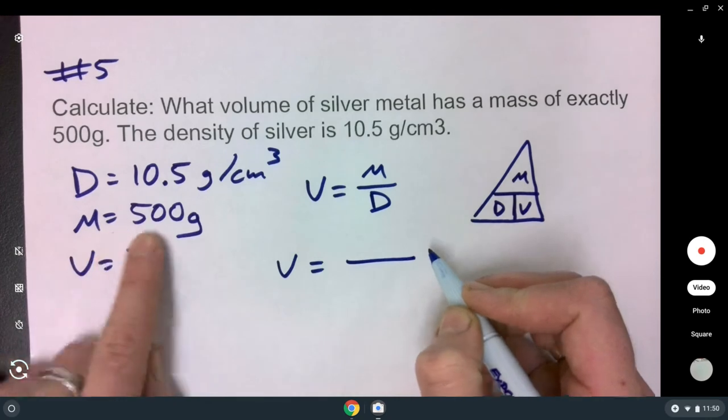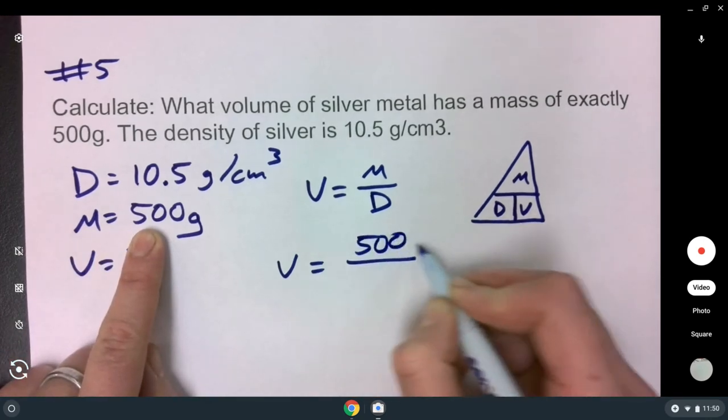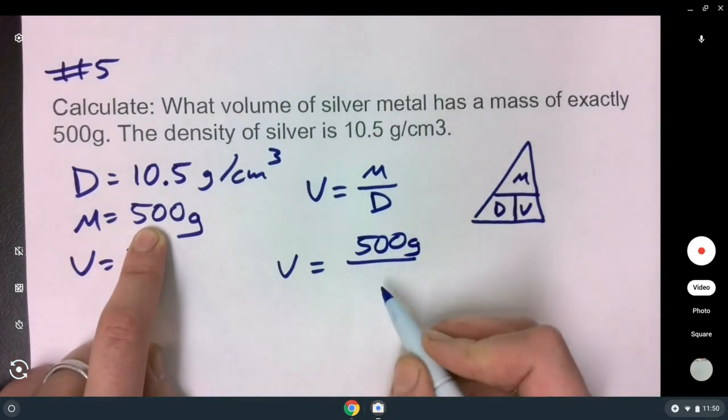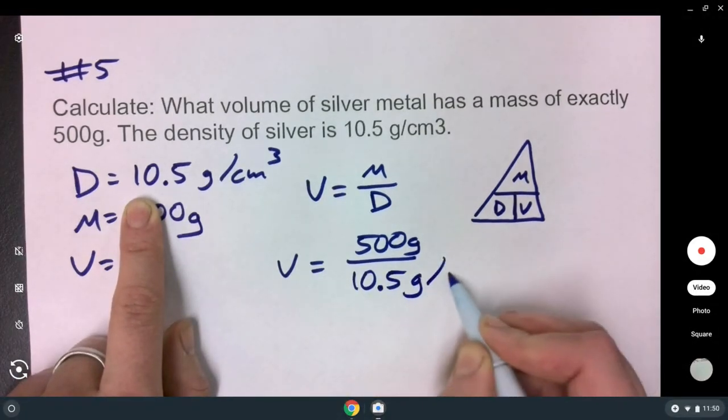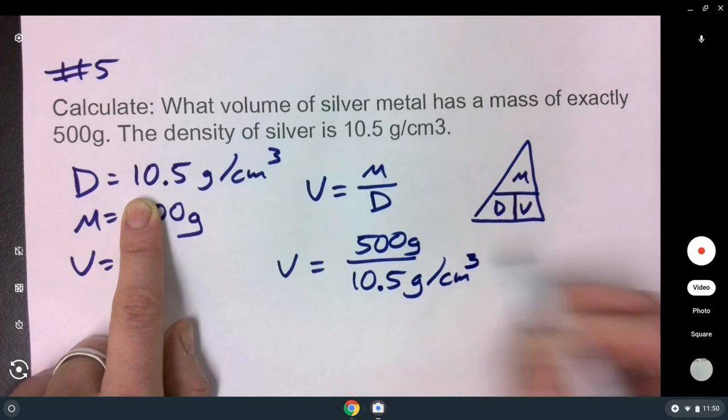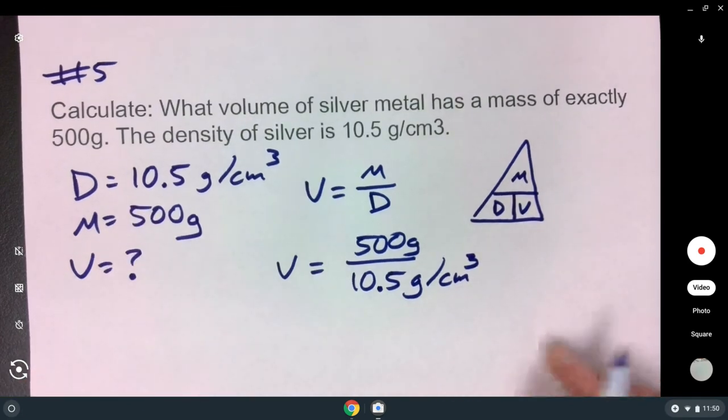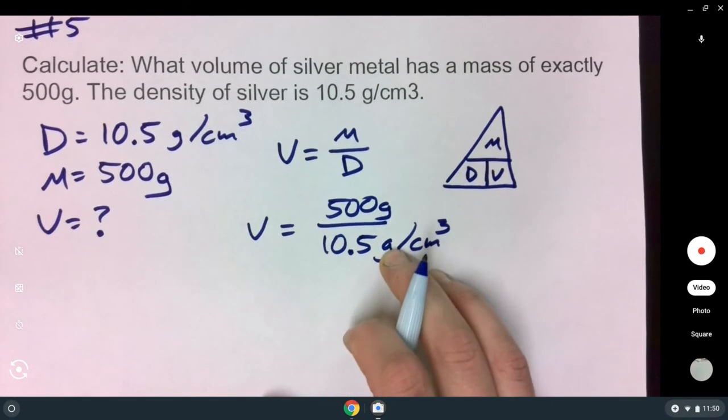Volume equals 500 grams over our density of 10.5 grams per centimeter cubed. Okay, so there's our numbers.